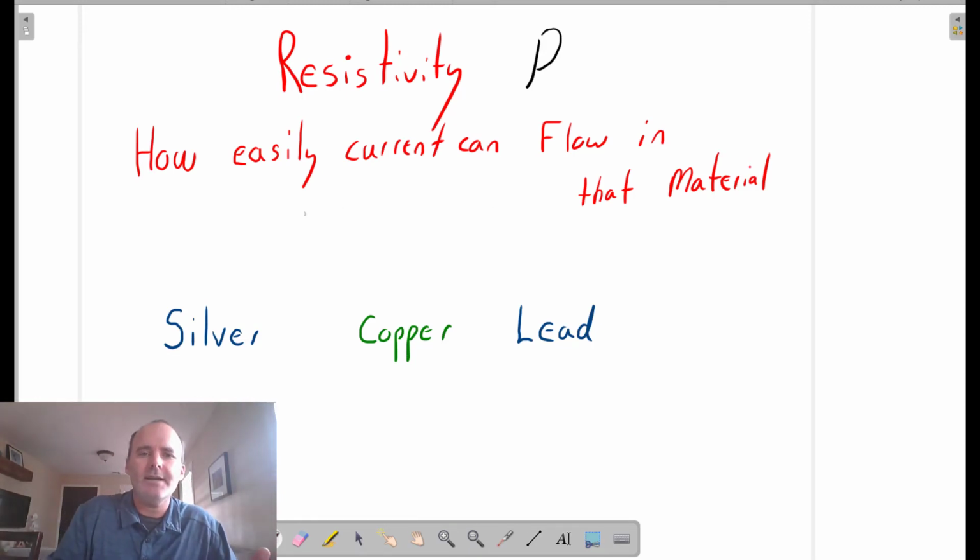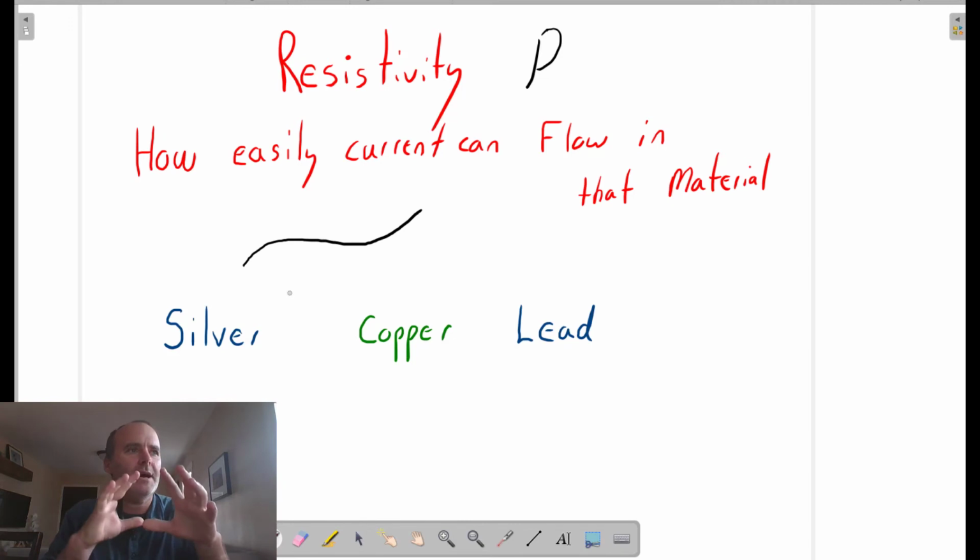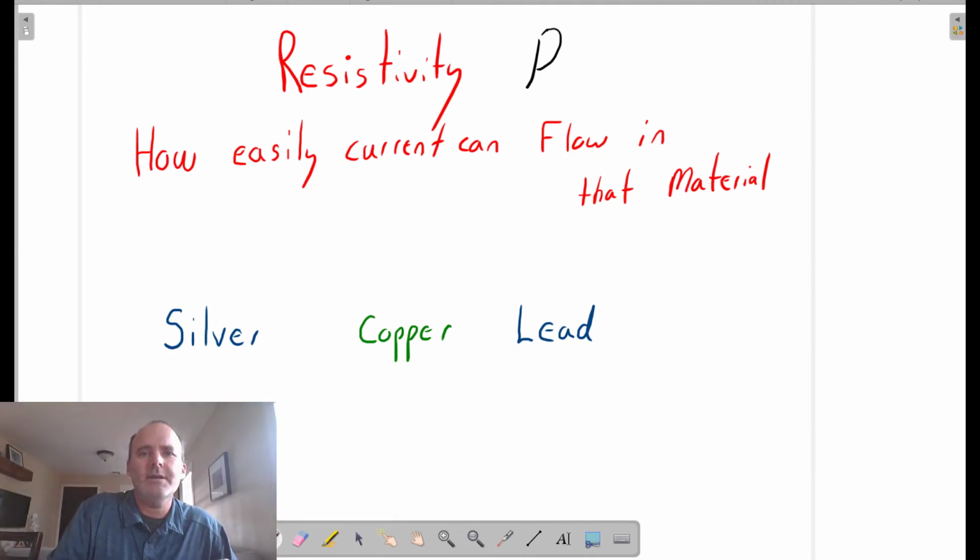Think about if you have a circuit, a lot of times that wire is made of copper. Copper is a really common thing to make wire out of.